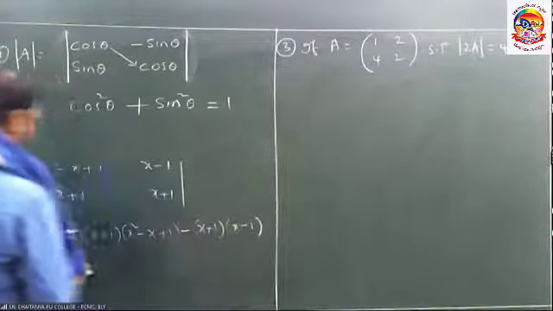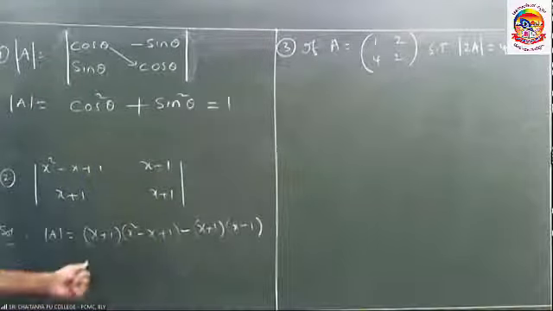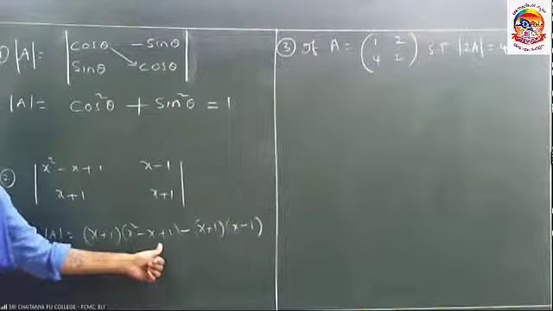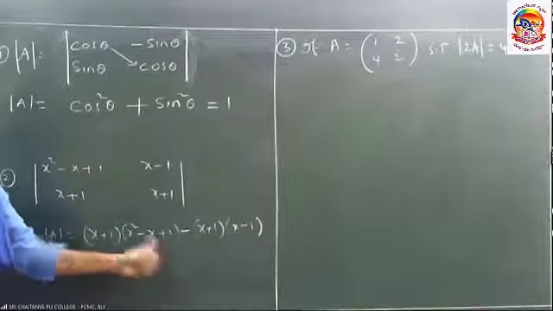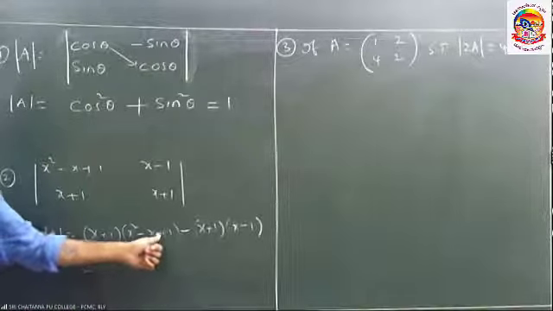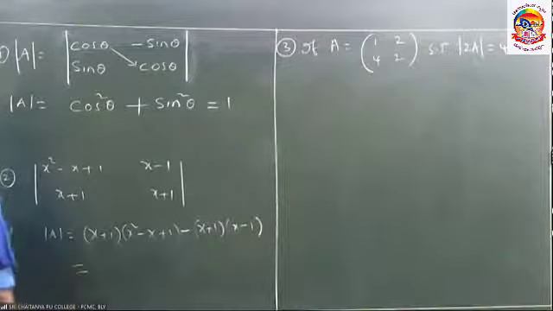Now, I think you know the formula, A plus B into A square minus AB plus B square.